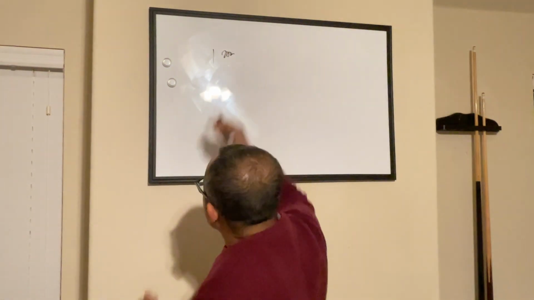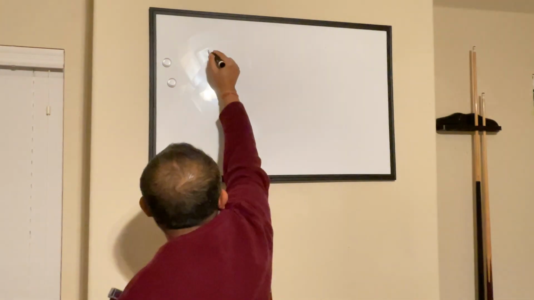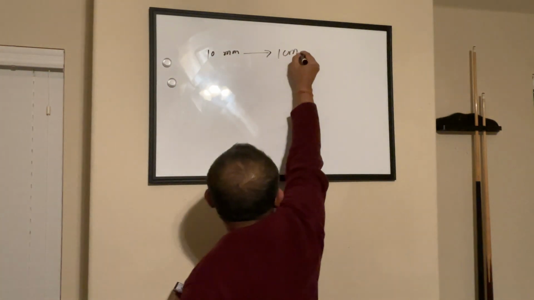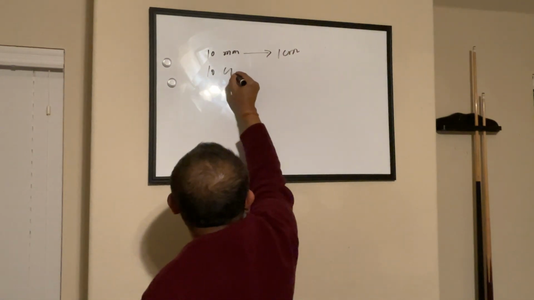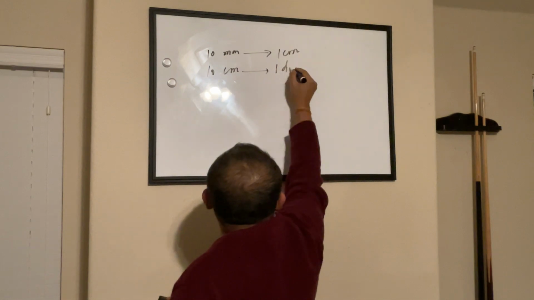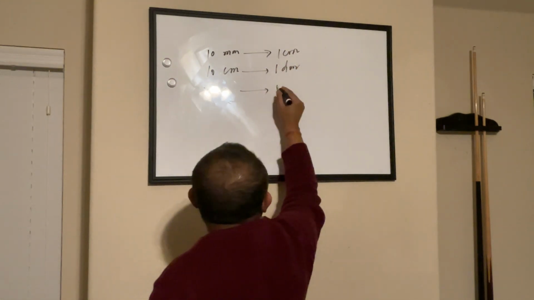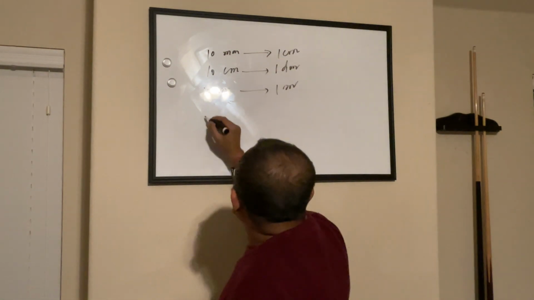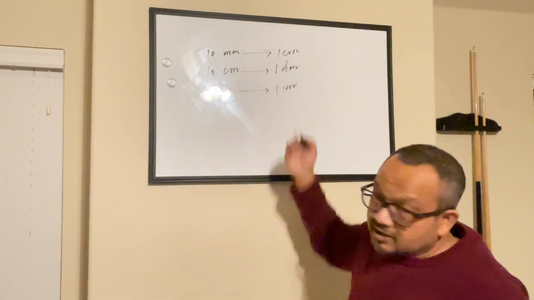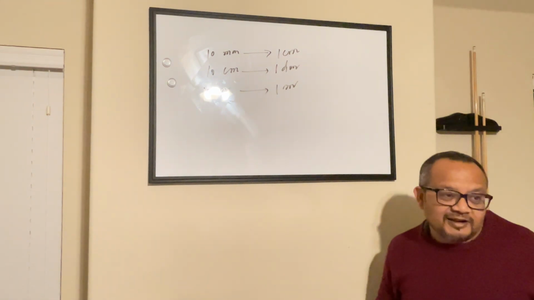Millimeter, you must be knowing this, right? 10 millimeters equal 1 centimeter. 10 centimeters equal 1 decimeter. 10 decimeters, 1 meter, right? Then deca, hecto, kilo; milli, centi, deci.